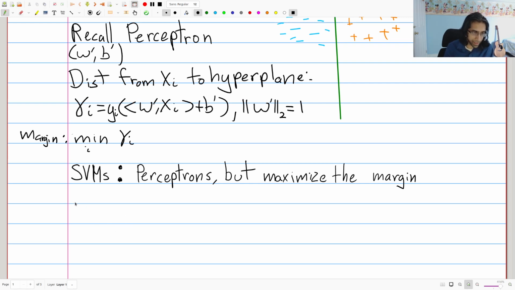The goal is to maximize over all w prime and b prime some gamma, where we have the following constraints. First of all, we require that the L2 norm of w prime equals 1, because that's the normalization that makes sure gamma i represents a distance. And we also have a constraint which says that everything has a margin of at least gamma.